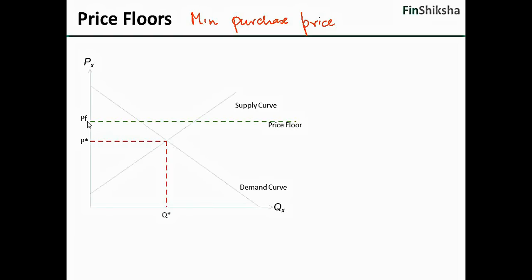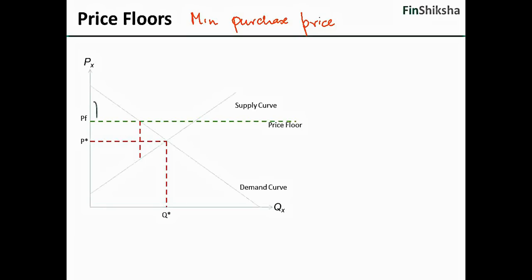Now the government comes in and says the minimum price that someone has to pay to avail this service is PF, which is the price floor. At this price, this quantity is what the suppliers are willing to sell, but this is the quantity which buyers are willing to buy. So effectively, there will be a reduction in trade once again to this extent.